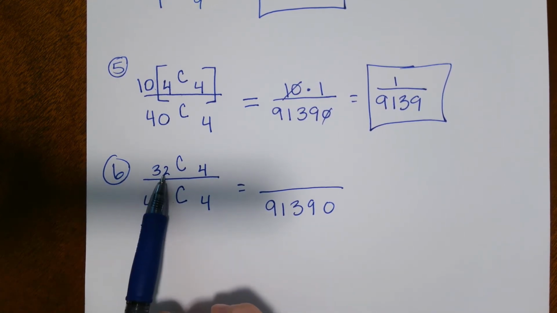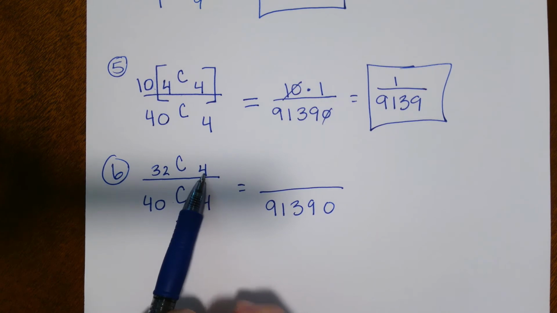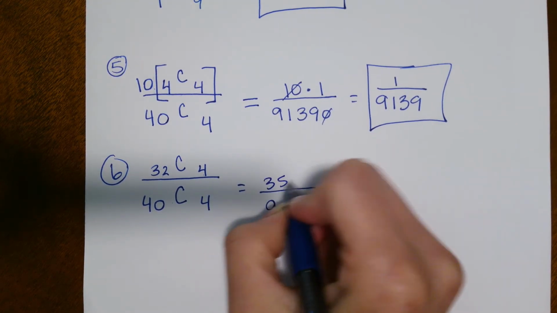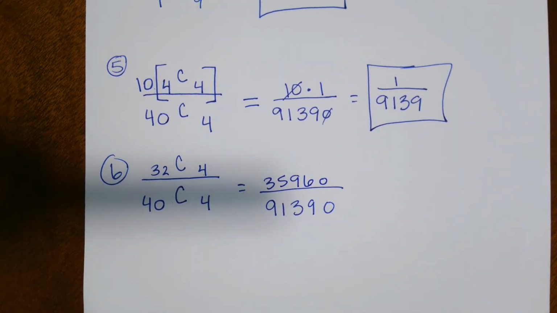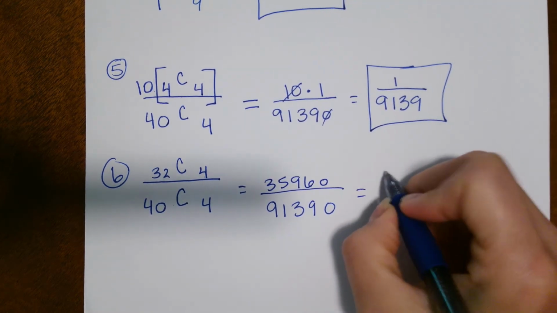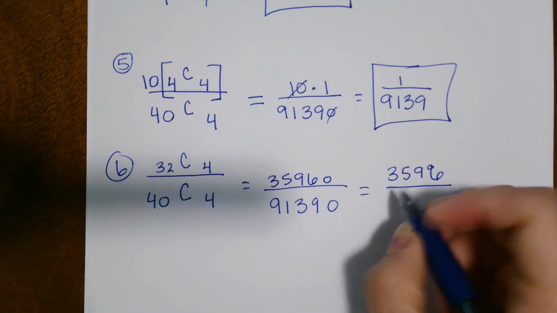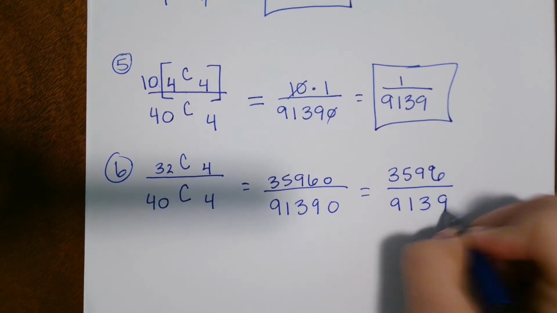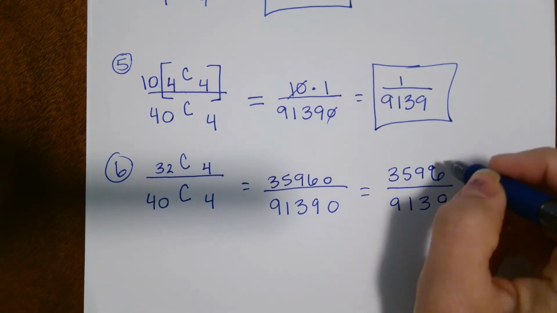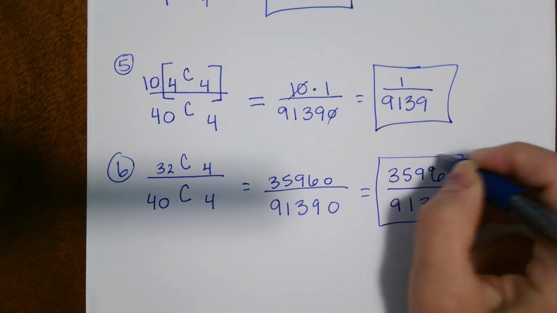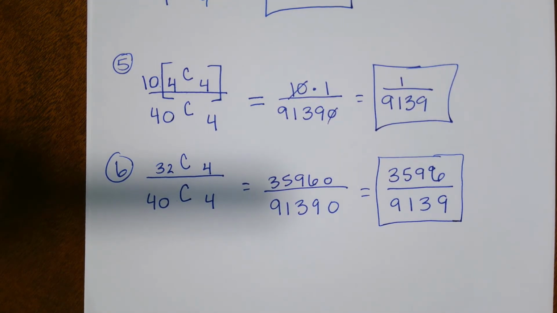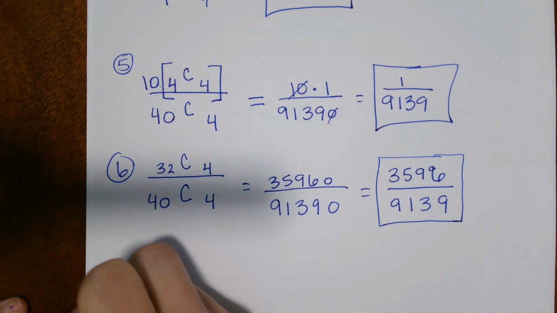If I have 32 teachers, I can choose 4 in 35,960 ways. This simplifies to 3,596 over 9,139. So that's the probability of if I choose 4 committee members out of the 40 that all 4 will be teachers.